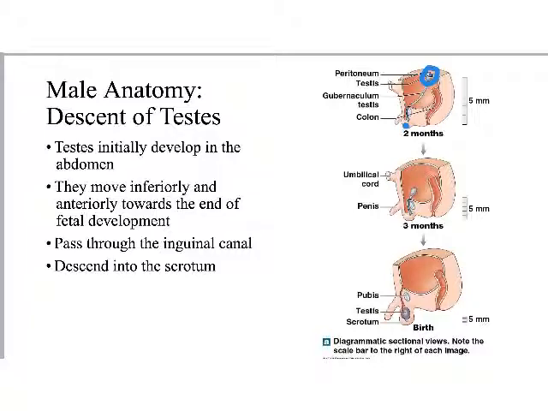So it's going to move its way down, and here you can see it reaches a ring, almost like a hole on the inside of the abdomen, down low, just above your groin. And it enters through that, what we call the inguinal ring.